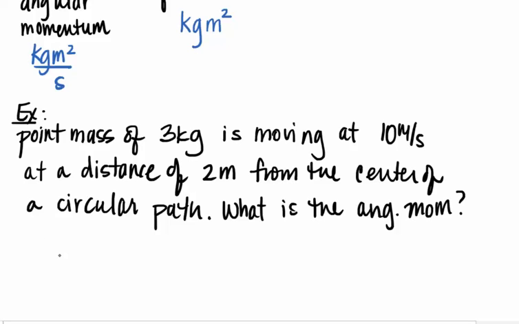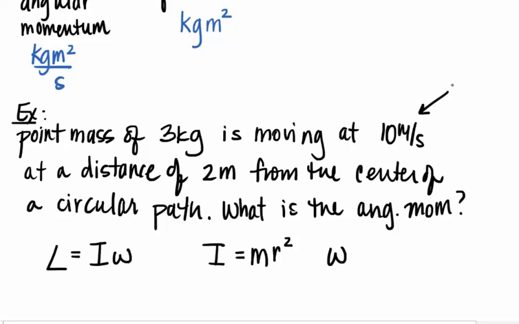Okay, so if angular momentum is I omega, and a point mass has a moment of inertia of what? Does anybody remember? So m r squared, and omega. What are you given up here in the question? What's this guy? Velocity, like linear velocity, because it's in meters per second. So how do I find the angular speed? How do we relate those two together?